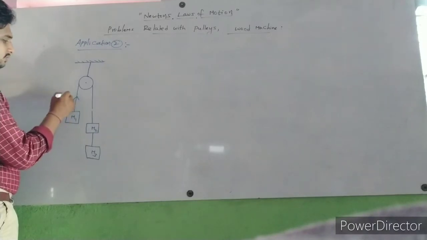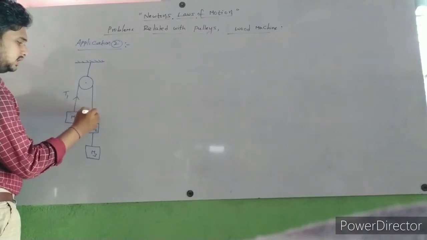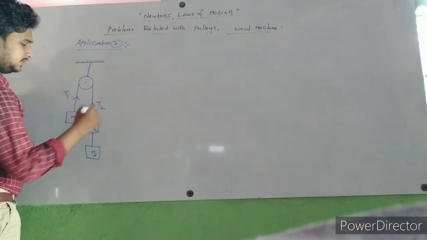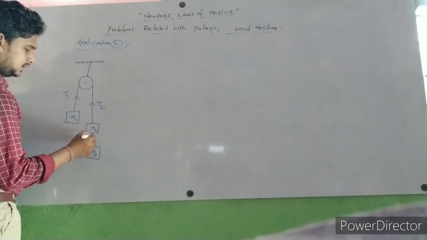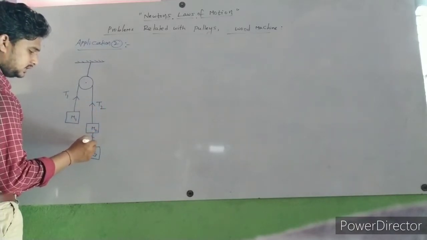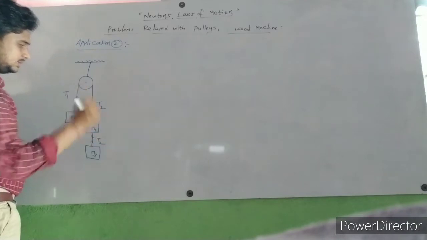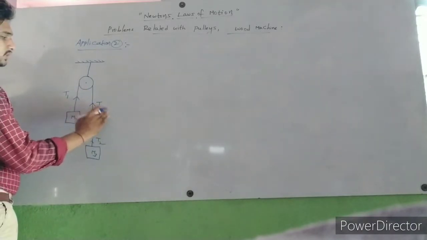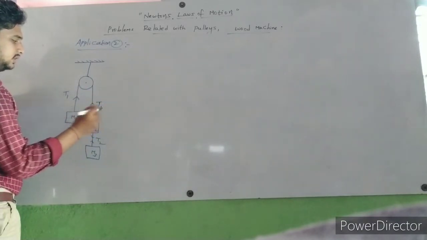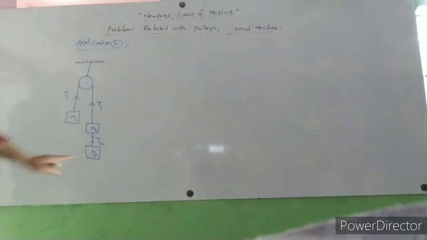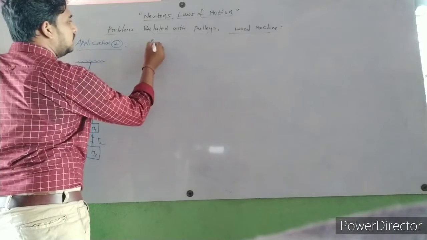That's why the tension force is also the same here. And here the tension force is different; here tension force T2 is acting. Here tension T1, here also tension T1, and here T2 is acting. So what do we need to find?